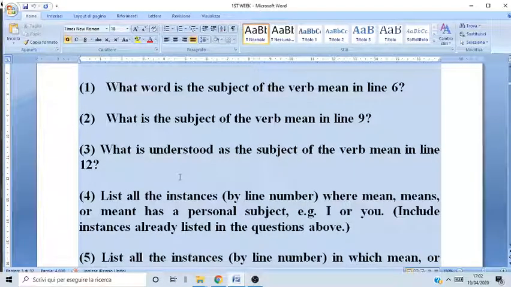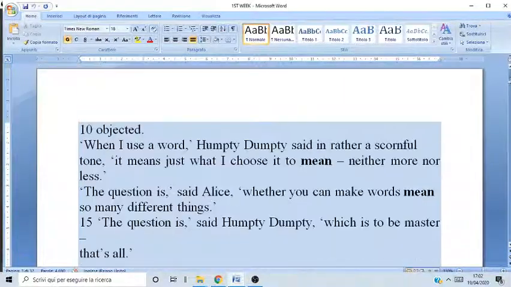Number 3. What is understood as the subject of the verb mean in line number 12? It means just what I chose it to mean. Okay? So here, it.